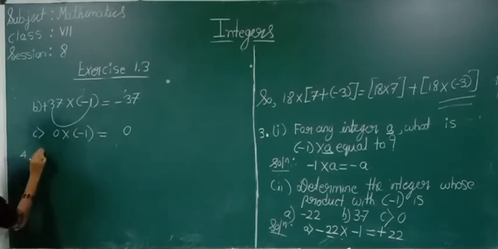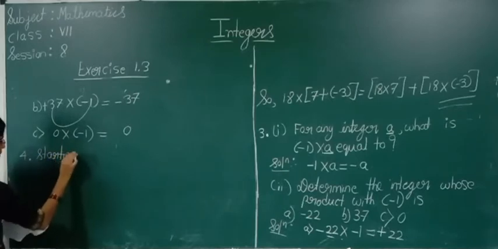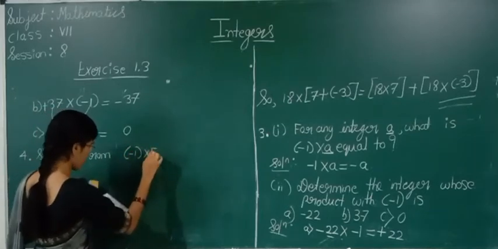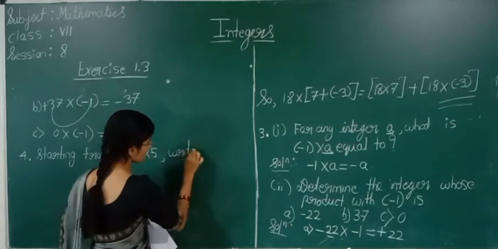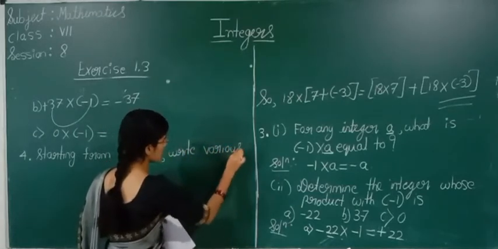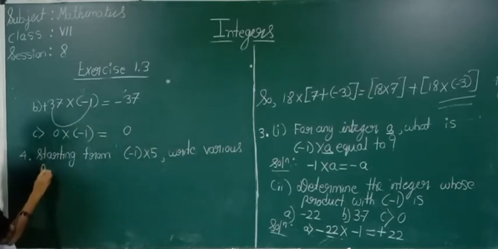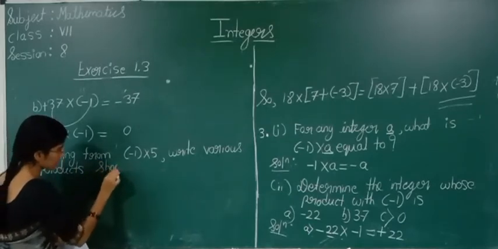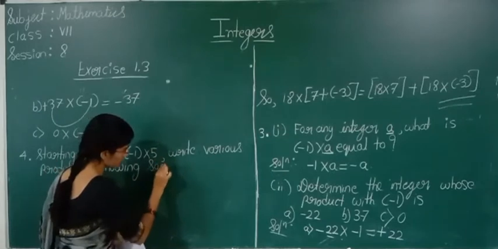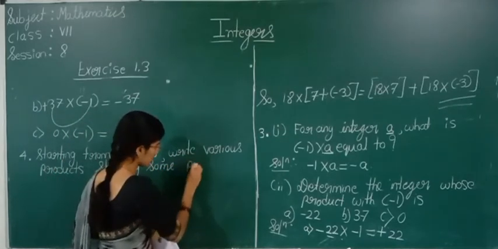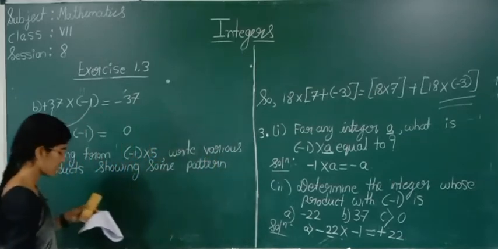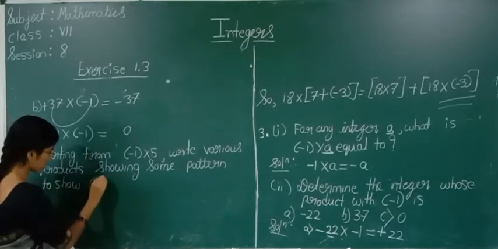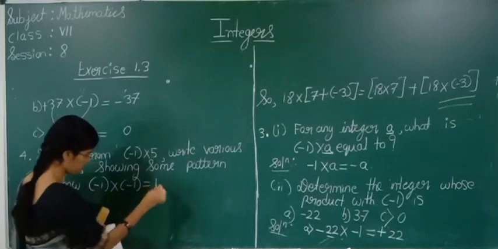Say fourth one means here, starting from minus 1 into 5, write various products showing some pattern to show minus 1 into minus 1 is equal to 1.